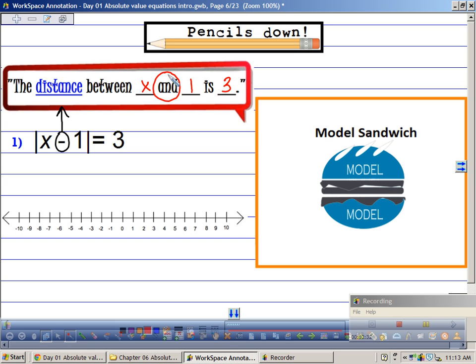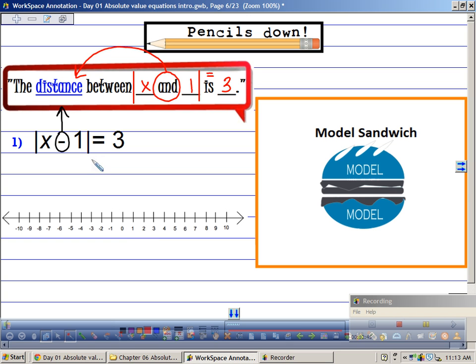And means the two things we're finding the distance between. If you were to put absolute value signs around this, what does it mean? Equals. This is just this right here. The distance between x and 1 is 3.